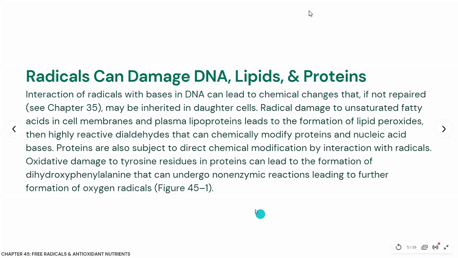Proteins are also subjected to direct chemical modification by free radicals. Now, the OH in your tyrosine can lead to the formation of dihydroxyphenylalanine that can undergo non-enzymic reactions, no enzymes involved, leading to further formation of oxygen free radicals.